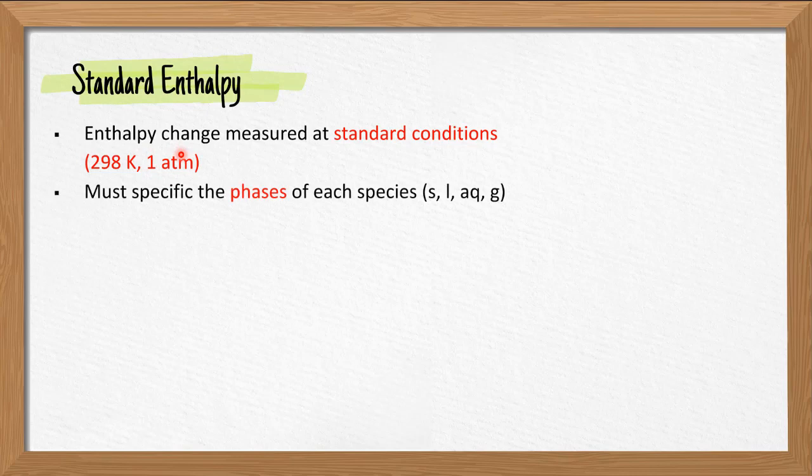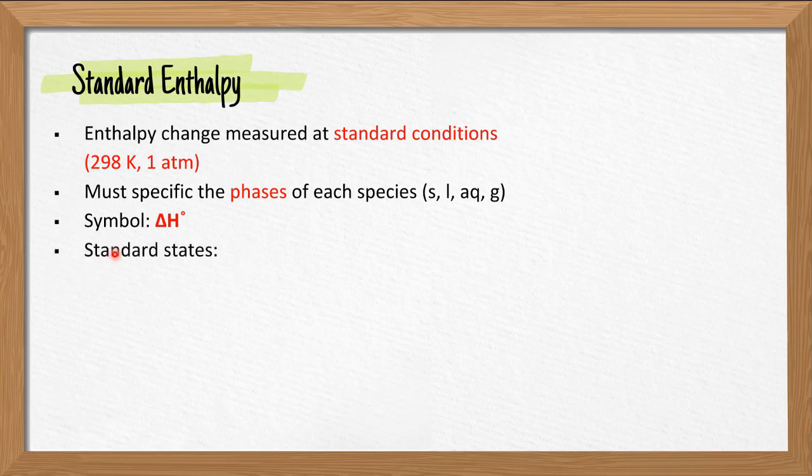If we want to measure this standard enthalpy, we must specify the phases of each species, whether they are in solid, liquid, aqueous, or gas phase. So it is a must to label your phase in a chemical equation. For this standard enthalpy, we have a symbol delta H naught. The naught means it happens at standard condition.